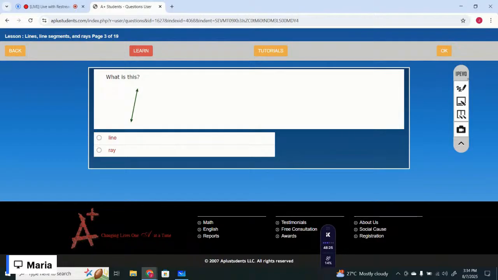What is this? Line it is. Option number one is the correct option.